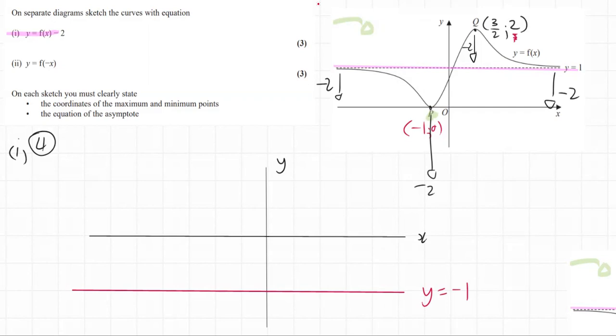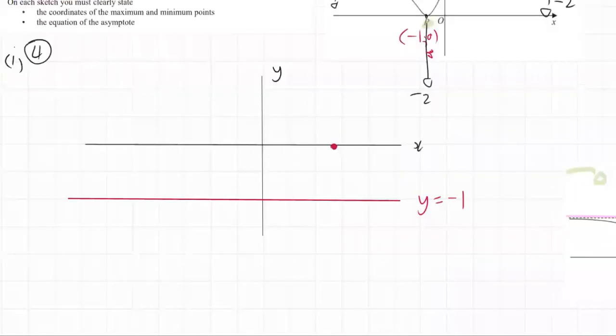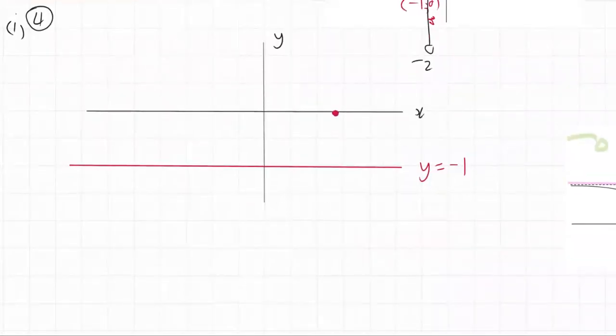This is just not drawn to scale. And then where does P go? Well, P had a y value of 0, so it's now going to be -2, underneath this asymptote. It's more or less, let's just do it over here, (-1, -2).